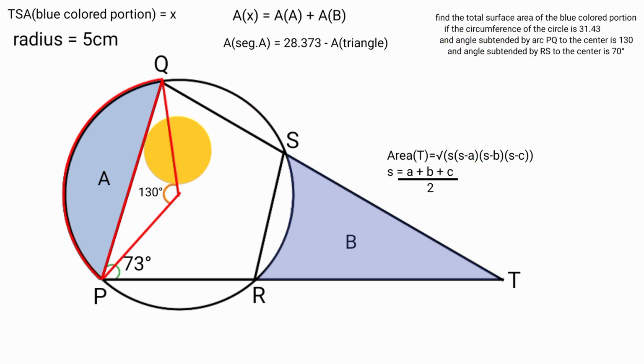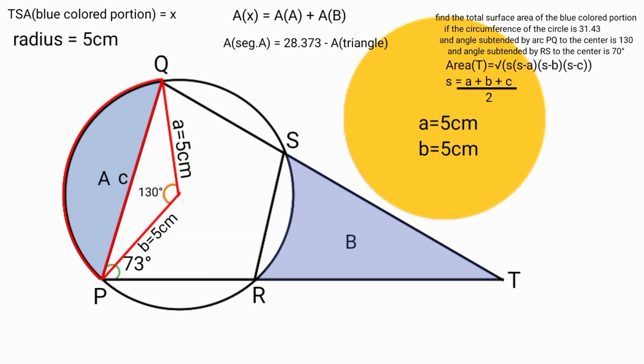So we can let this side be A, this B, and this C. But this is a radius, and this is also a radius. Earlier we found the radius of the circle to be 5 centimeters. So this and this are 5 centimeters in length. So we can substitute A equals 5 centimeters and B equals 5 centimeters. But what is C?